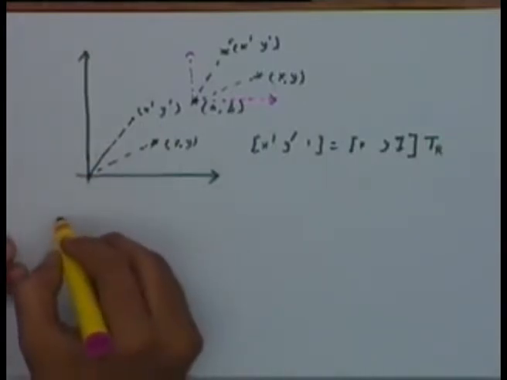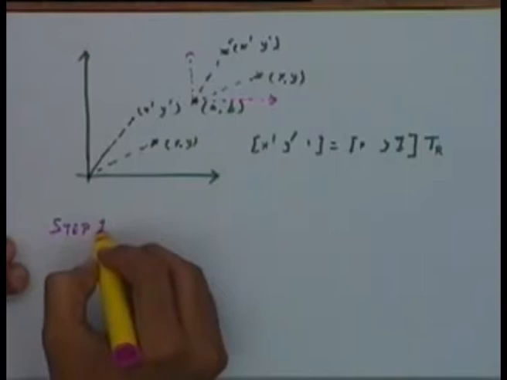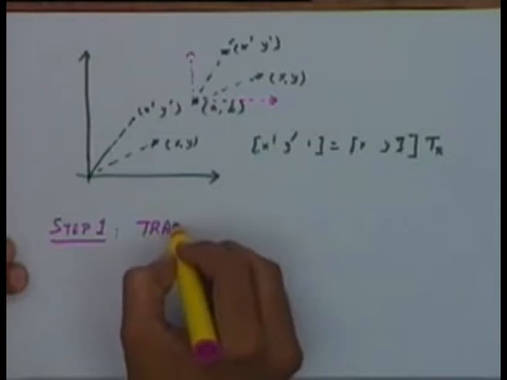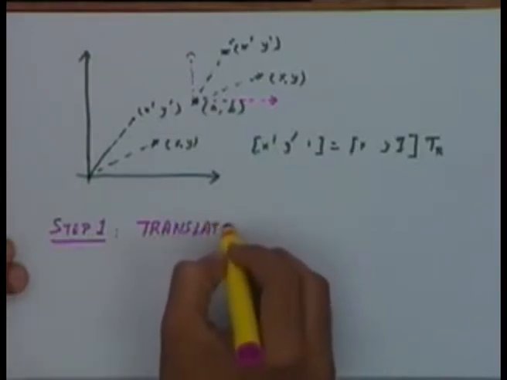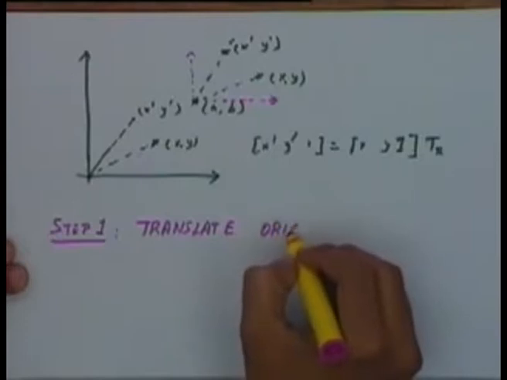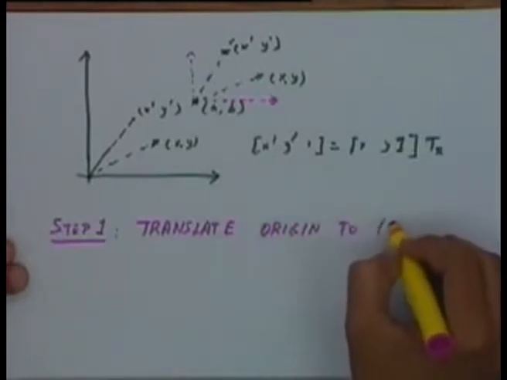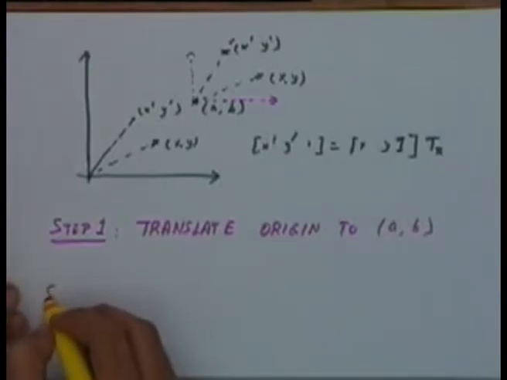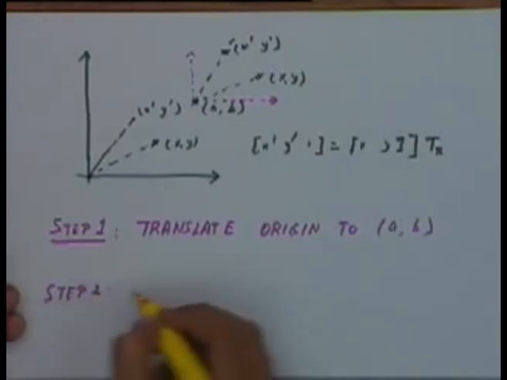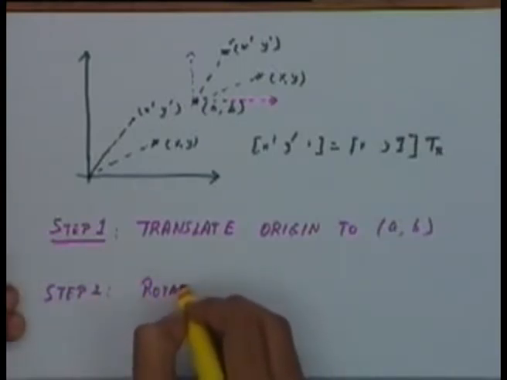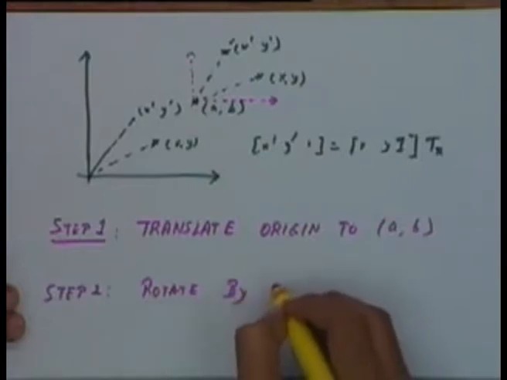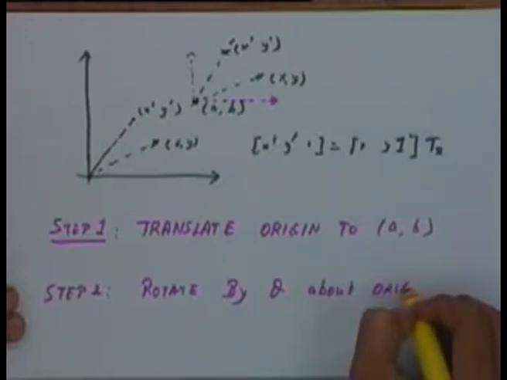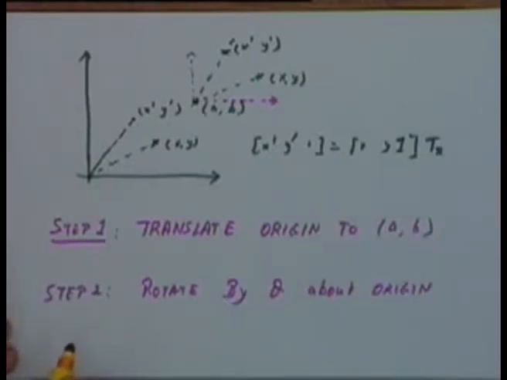Okay, so step 1 would be to translate the origin to A B. Step 2 would be to rotate by theta about the origin.